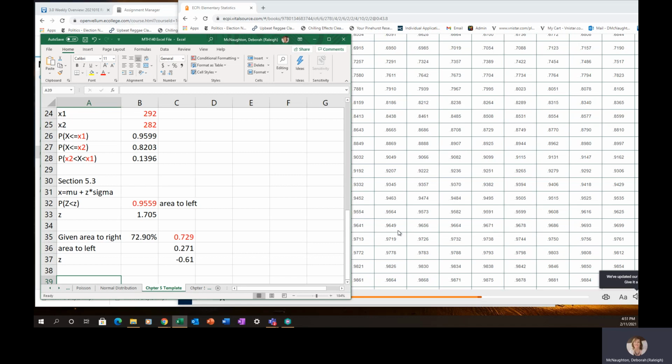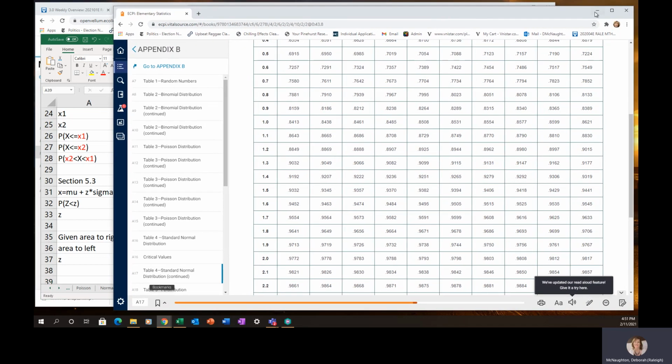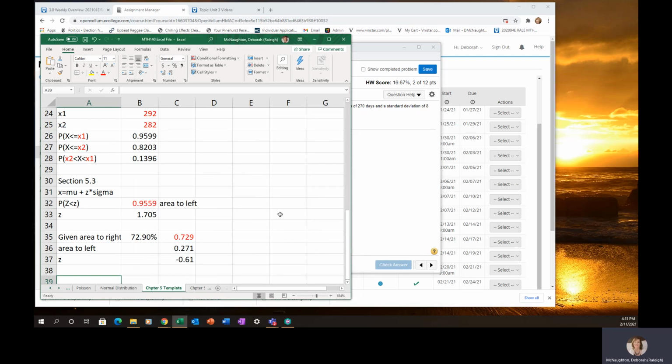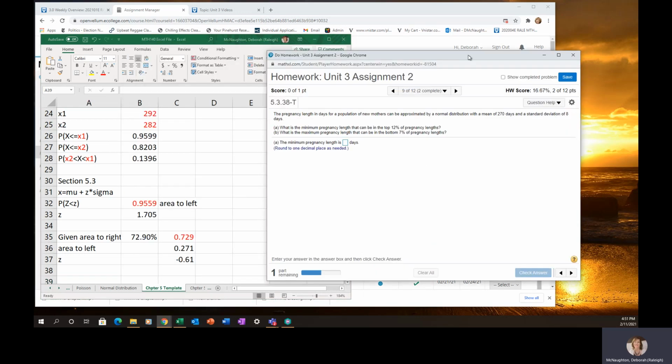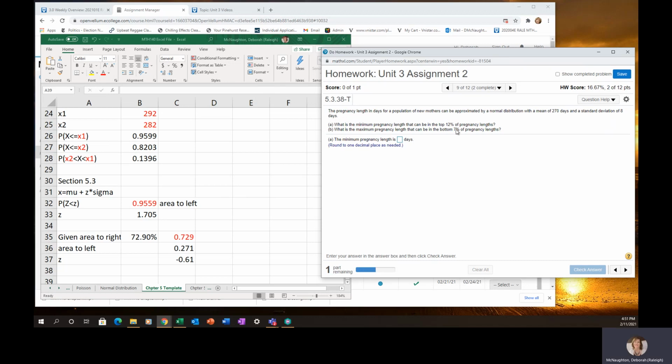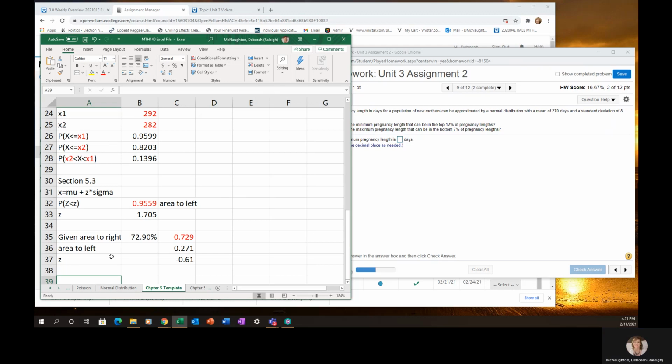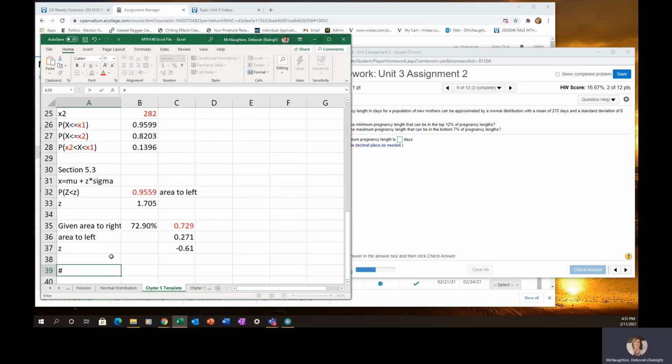I'm going to show you instead, because I prefer to use Excel rather than the table. So I'm going to show you how to do this using Excel. They gave us a mean and a standard deviation, so let's start with that. This is number 9.